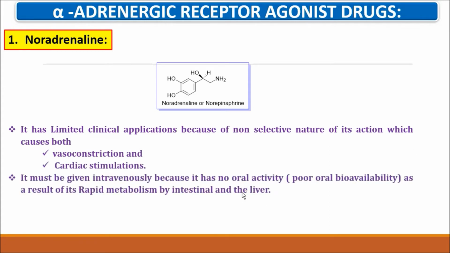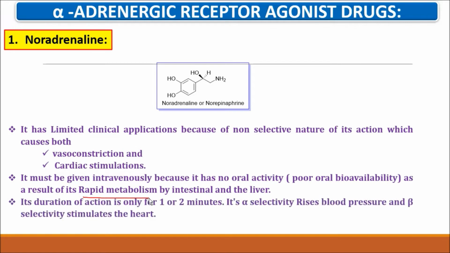It is not available as a tablet, so we give this drug intravenously. Therefore it shows rapid metabolism, and since we give it as an injection, it shows activity within 1 or 2 minutes.